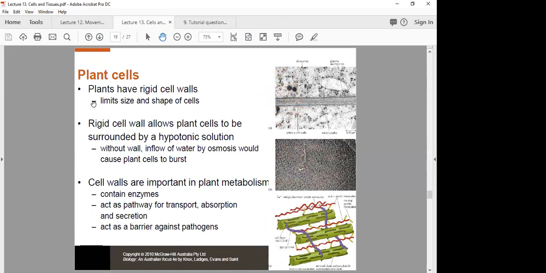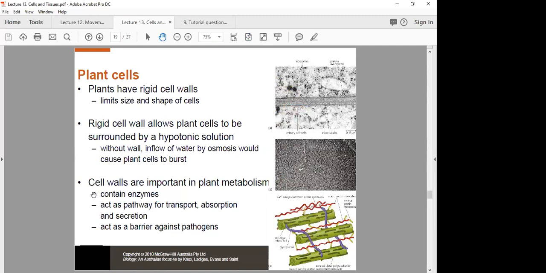Even though there are some gaps, some fluid regions in between some cells, we don't have that extracellular matrix as you find in animal tissues. Rigid cell walls allow plant cells to be surrounded by a hypotonic solution, which we saw in the previous lecture. Without that cell wall, the inflow of water by osmosis would cause plant cells to burst.